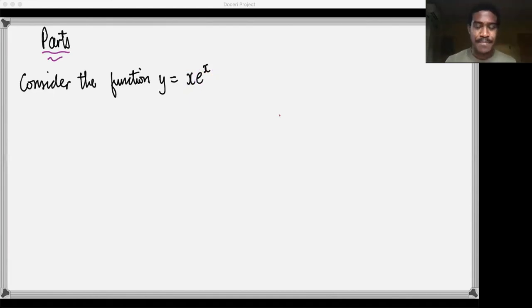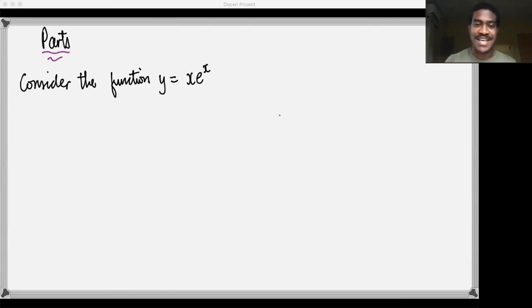If we were asked to find the integral of this function y, which is equal to x by e to the x, if you look at it carefully and recall any of the recognition rules of integration, you would realize that it's very difficult. There are no recognition rules for that.